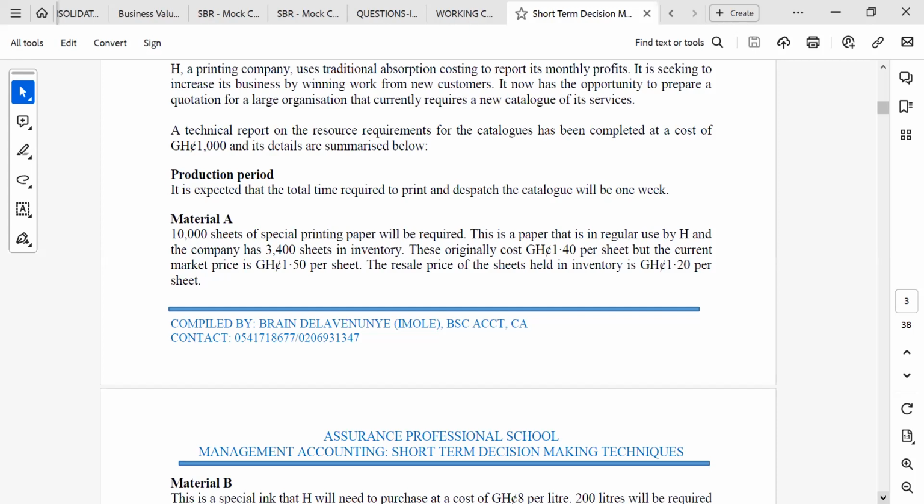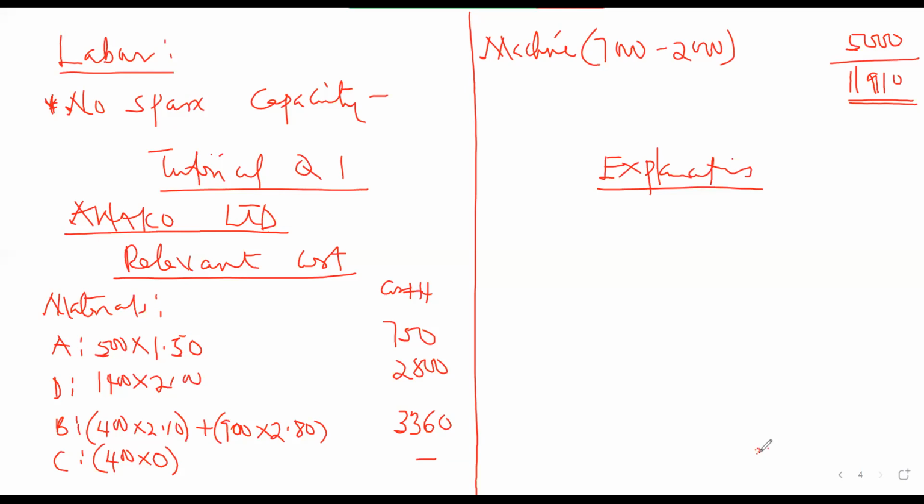So what cost do we use? We use the market price, which is a replacement cost.